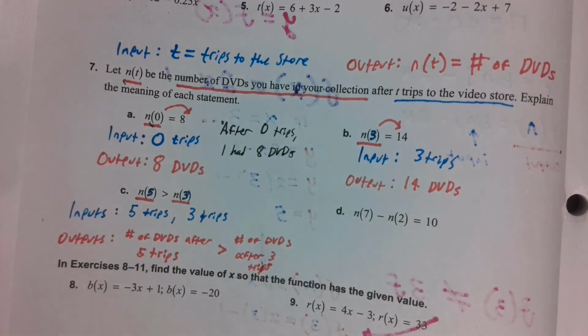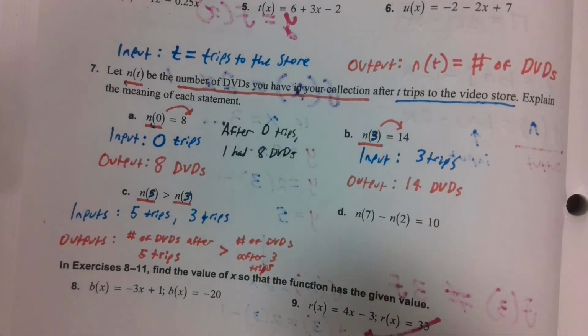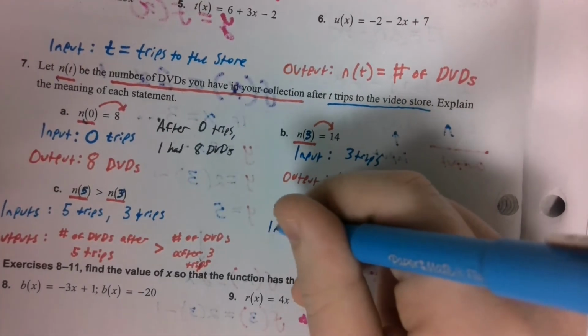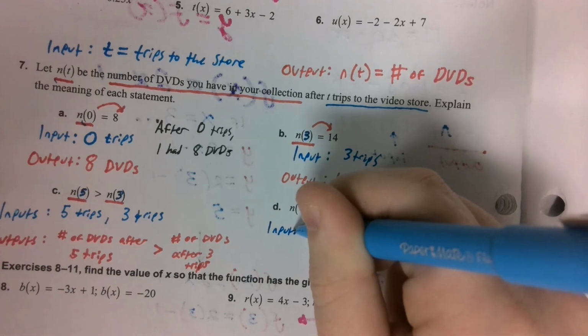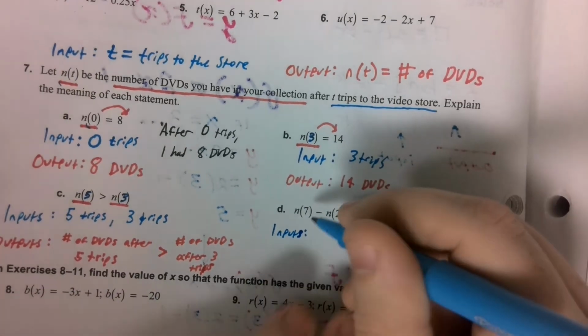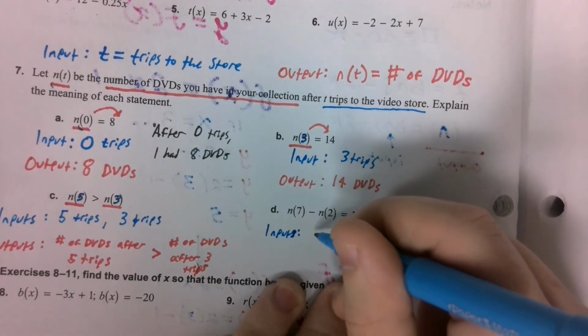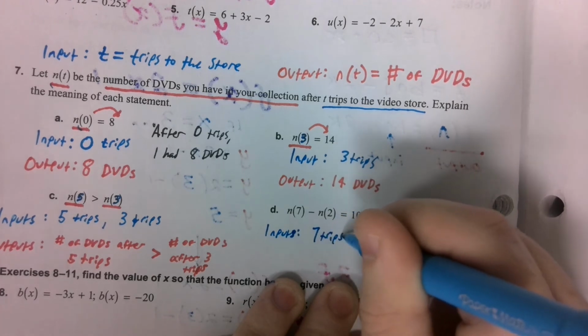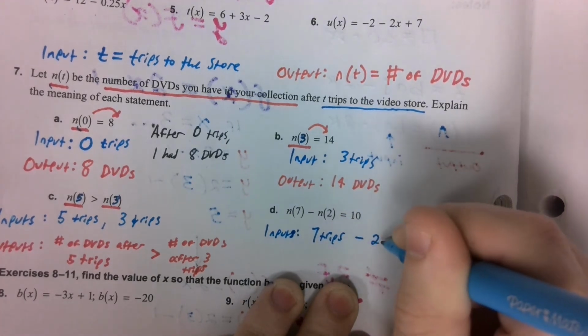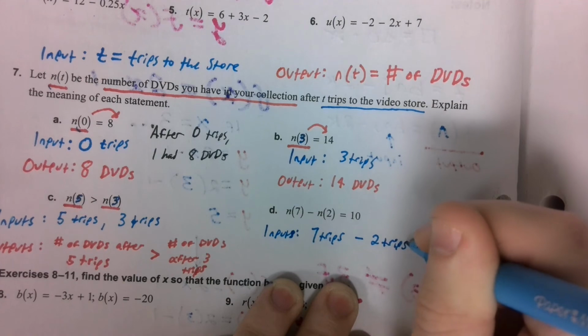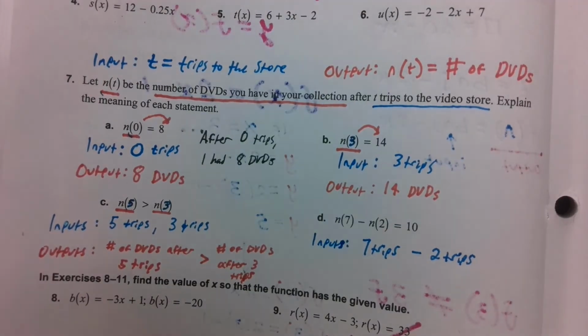Part D, again, has 2 inputs, but this time they kind of combine to make a single output. This time, we're looking at 7 trips to the store minus 2 trips to the store for our inputs.